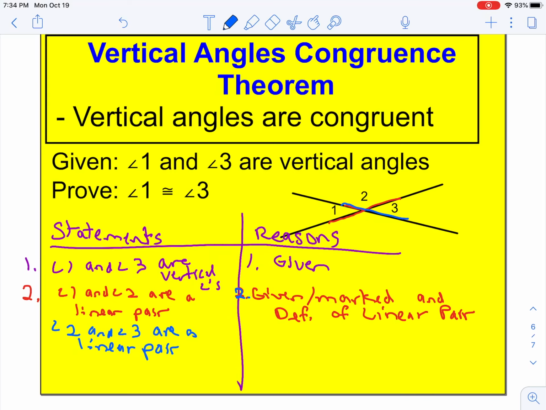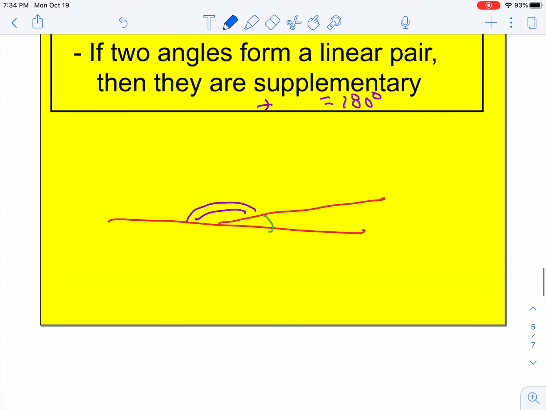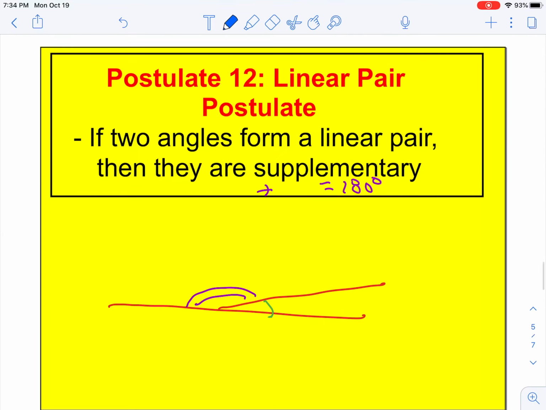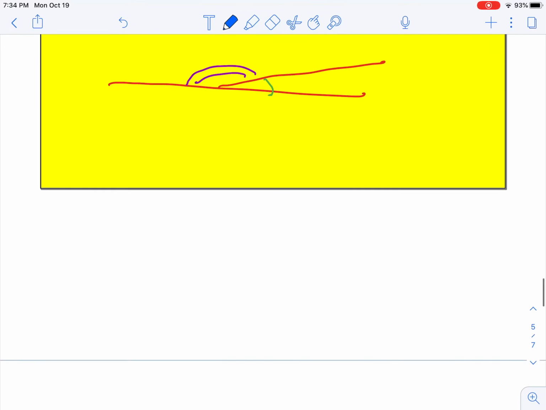I could put those on 2 different steps. That would be fine. All right, well, what did we learn about linear pairs? We learned back here that if two angles form a linear pair, they are supplementary.